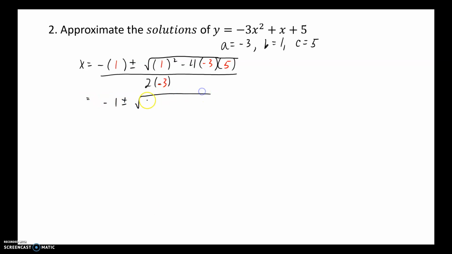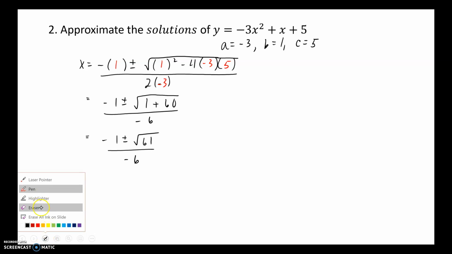So square root. -4 times -3 is 12. 12 times 5 is 60. All over -6. Okay, -1 plus or minus the square root of 61 divided by -6. Again, the first thing I had you do, you'd be totally fine leaving it like this. Now we're going to practice using the calculator and actually approximating these solutions.